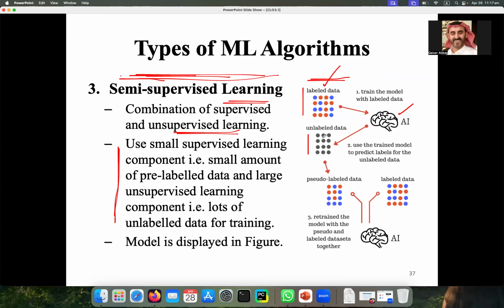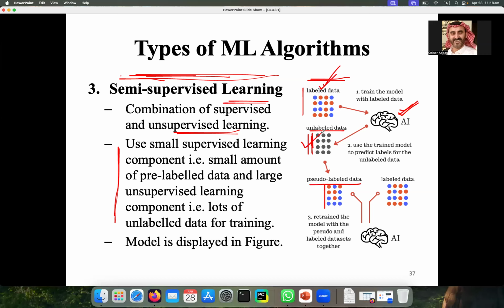Now our model is already trained on the labeled data. We use this unlabeled data like test data for this model, and the model gives us the labels for the unlabeled data. Here we call it pseudo labeled data.